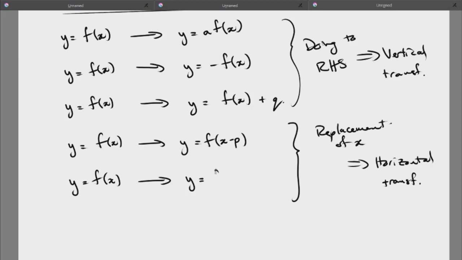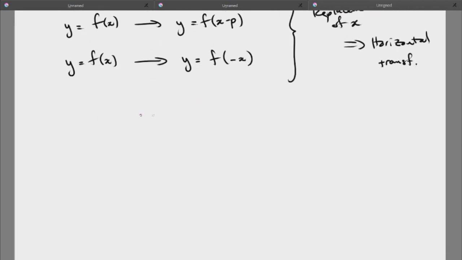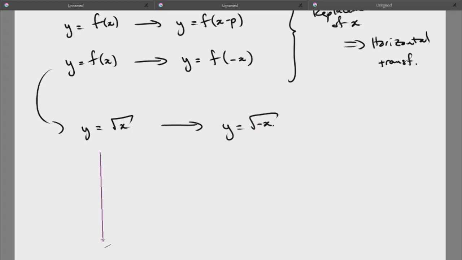Here as well, if I replace x with a negative x, the effect on the graph isn't something I've covered before. If I just isolate that, for example, and take square root of x to square root of negative x, what happens to the graph? I know it's not our actual question we're doing, but we need it.